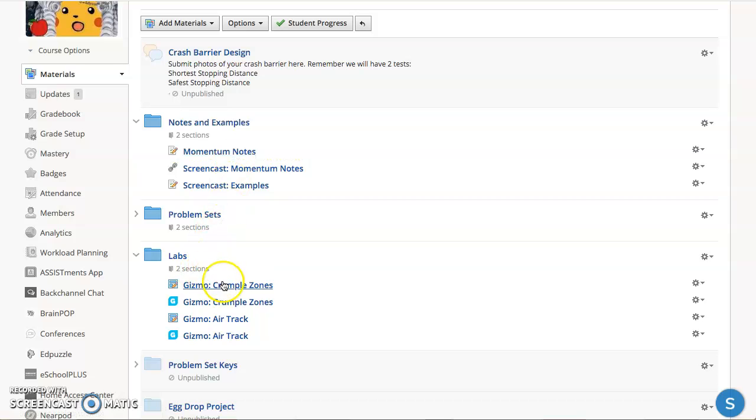I got into my crumple zone gizmo where I saw that if I can increase the time of a collision, the amount of force on the person inside is going to go down. And likewise, if I can make a collision inelastic or make sure that they stick together, I can also reduce my change in velocity. Okay, I tried to gear this more towards the idea around safety in a car because it's very relatable to you guys, and I also want you guys to be safe too.